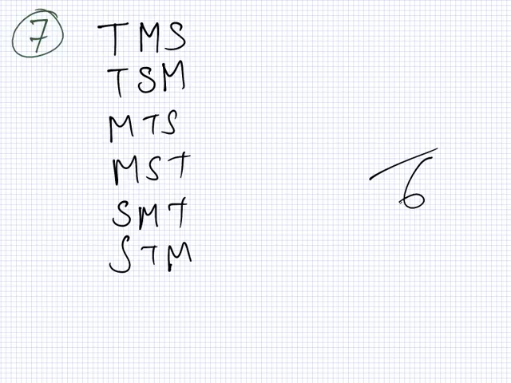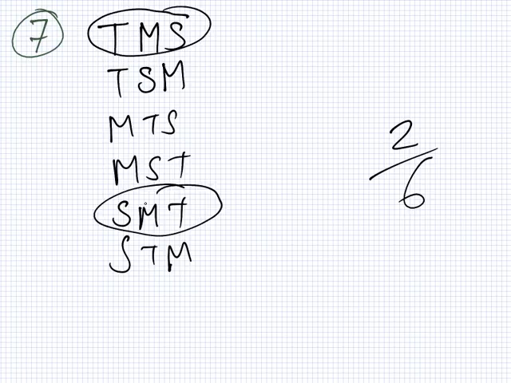No. No, 2. Tall, medium, short, or short, medium, tall. But the question is from shortest to tallest. Yeah? I did that on purpose. But I never said the tallest person starts the line and the shortest person ends the line. So that's 2.